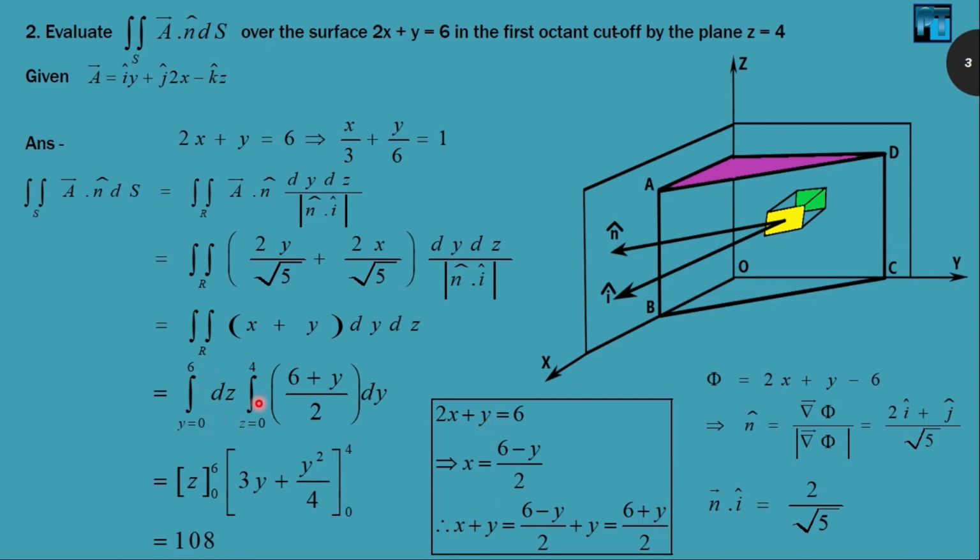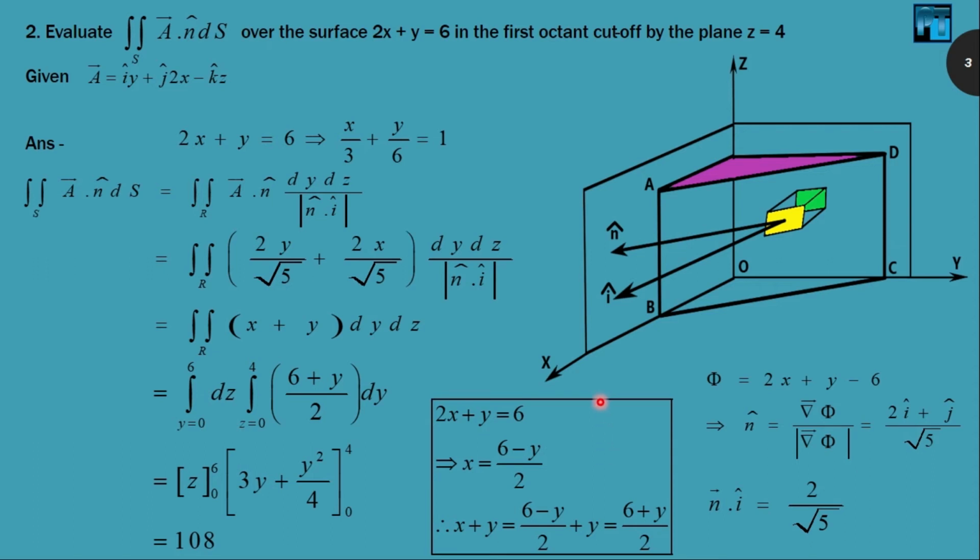Suppose we deal with the projection on the xz plane. Then our working variables will be x and z, dx dz. Then you have to replace the y components with x and z. Then you will put y equals 0 and x equals 3, so the limit of x in that case will be from 0 to 3.